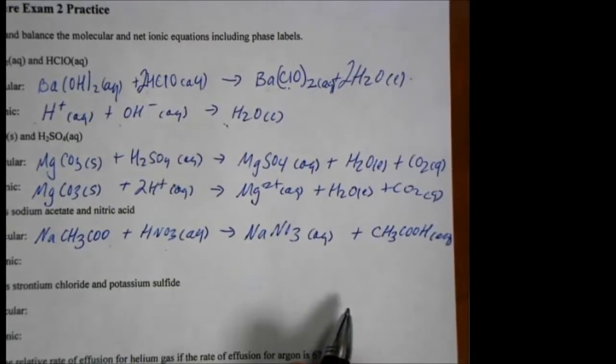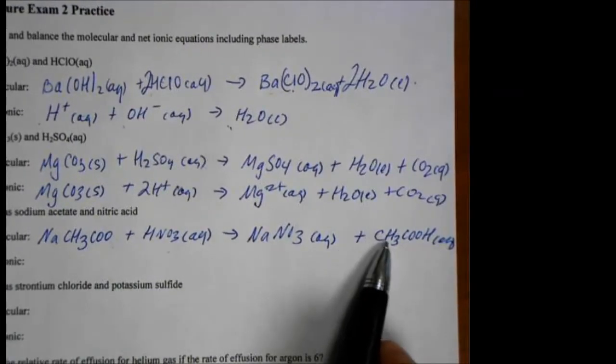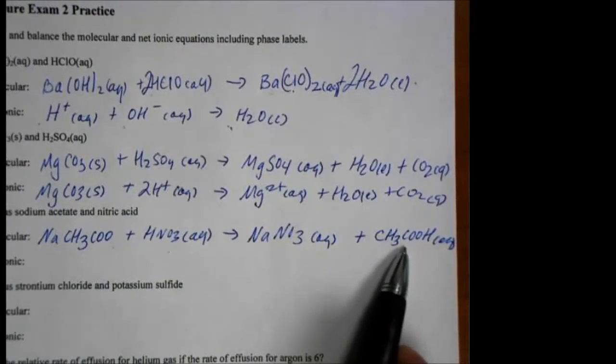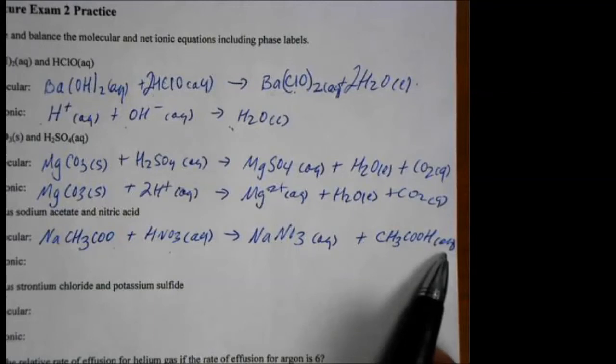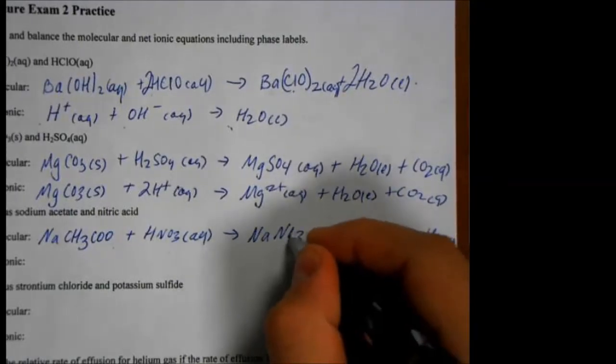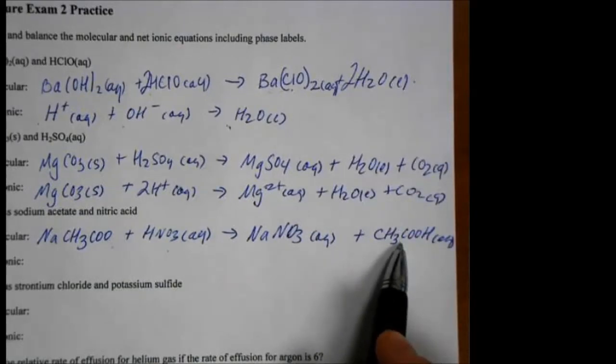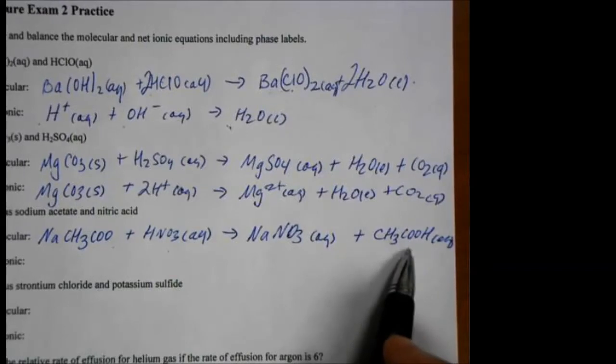Keep in mind that acetic acid is a weak electrolyte. It doesn't fully break up. So in this particular instance, we do write this as the final product. Whenever you produce a weak electrolyte, that is going to be written as the final product. So this is not going to break up into its ions completely. That's why that appears here.